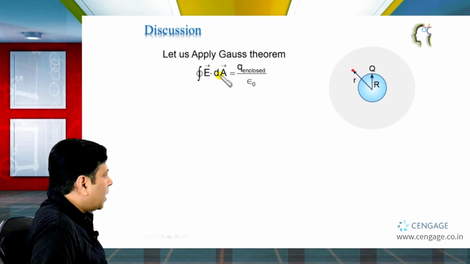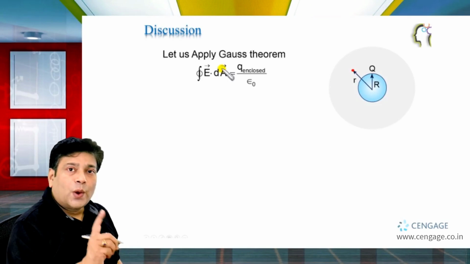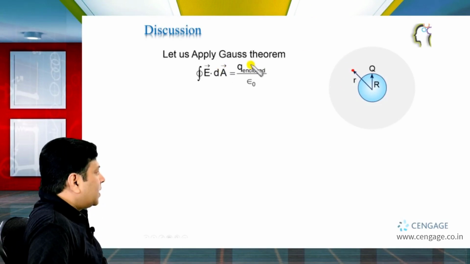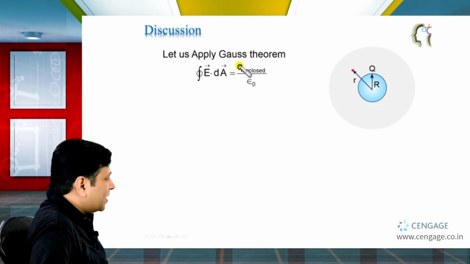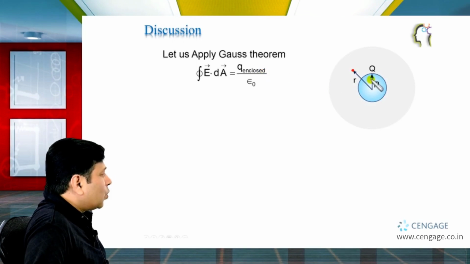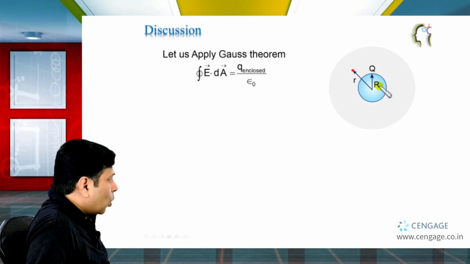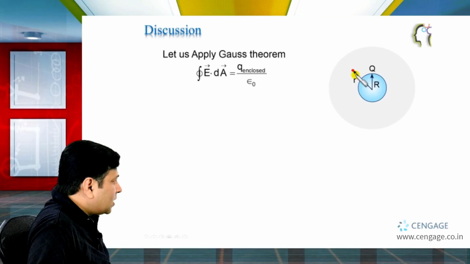So the left hand side should be equal to E multiplied by 4 pi r square. And in the right hand side, this is Q enclosed. Q enclosed includes the charge in the ball, capital Q, and the charge enclosed between capital R and small r.